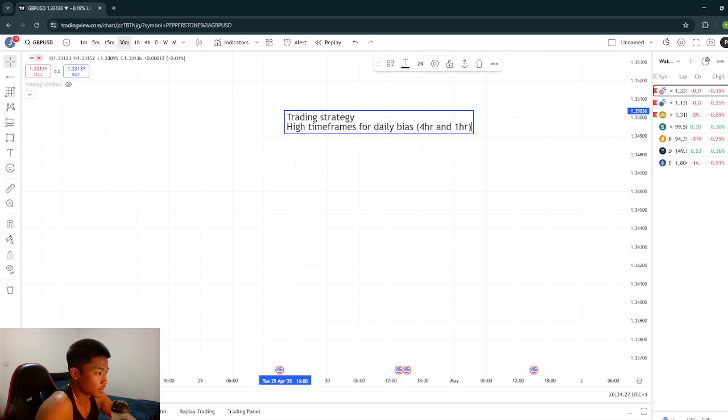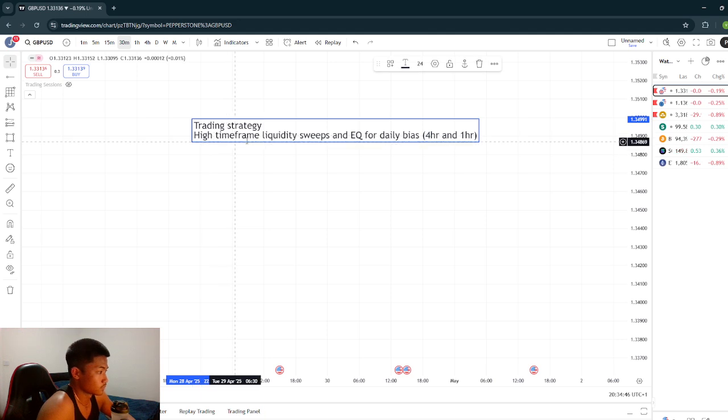Within this daily bias, we will be finding high time frame liquidity sweeps and equilibrium. Okay, simple. 4 hour, 1 hour, that gives us our bias. Not the 5 minute, because higher time frame equals higher power. We're looking long term, just like our visions. We don't want to catch no small diddy move. We want to catch big leg.